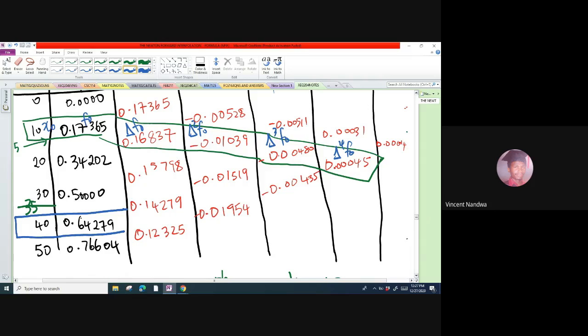So now this becomes the diagonal that we need to use. This becomes our x naught. This is f naught.